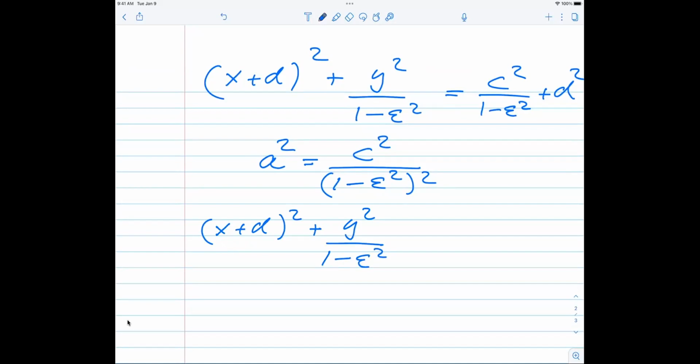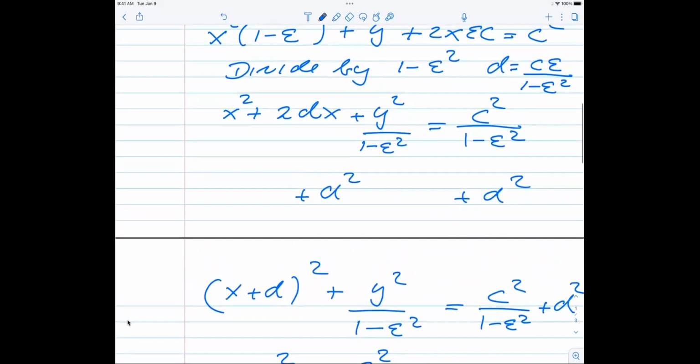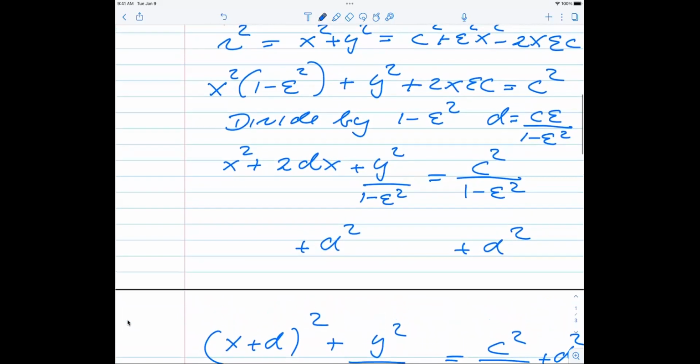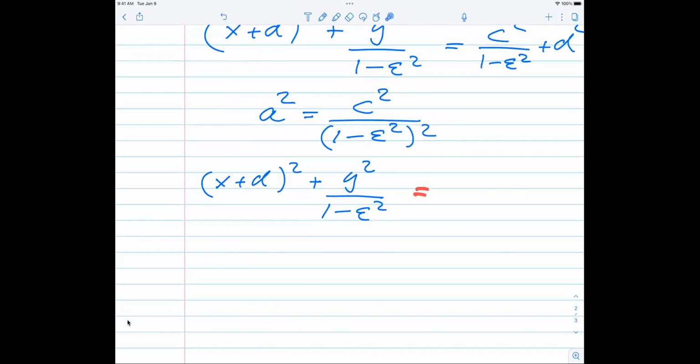And now I bring together the constants which I have on the other side, and I define a new constant. If you look at the expressions which we have, this quantity d, which we defined here, is nothing but, if I square that quantity, on the other side I get c squared over 1 minus epsilon squared, and then I have this quantity d squared.